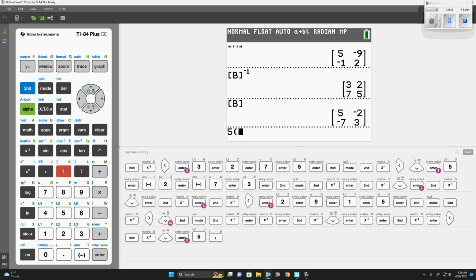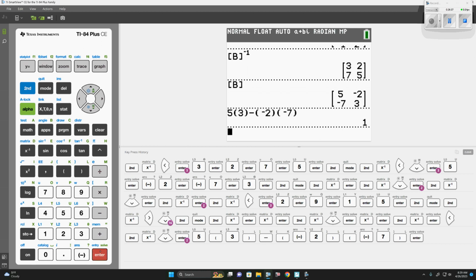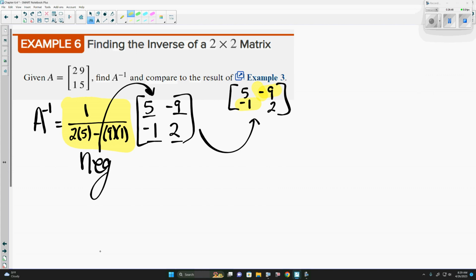And if we look at the product, minus negative 2 times negative 7, we get 1 again, so it's not affecting it. Does that make sense? Any questions on any of these here?